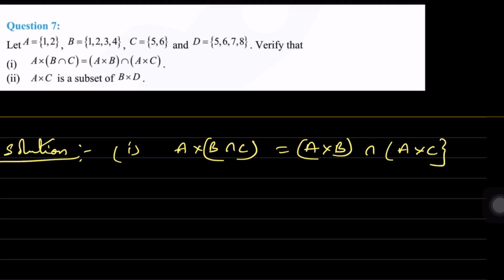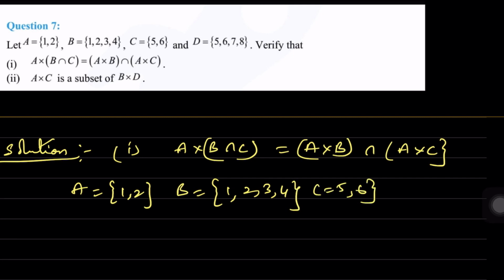It is given that A is {1, 2}, B is {1, 2, 3, 4}, C is {5, 6}, D is {5, 6, 7, 8}. So this is given to us.